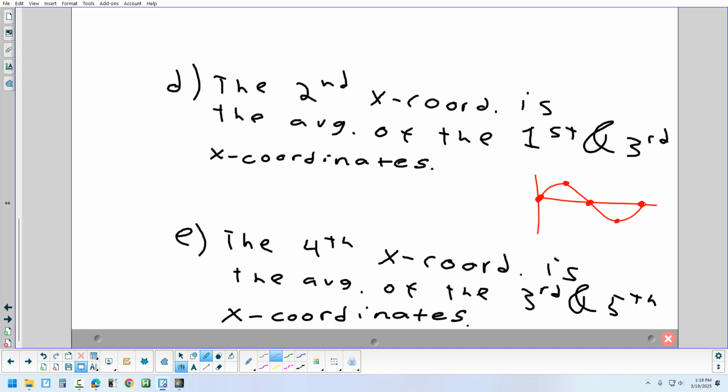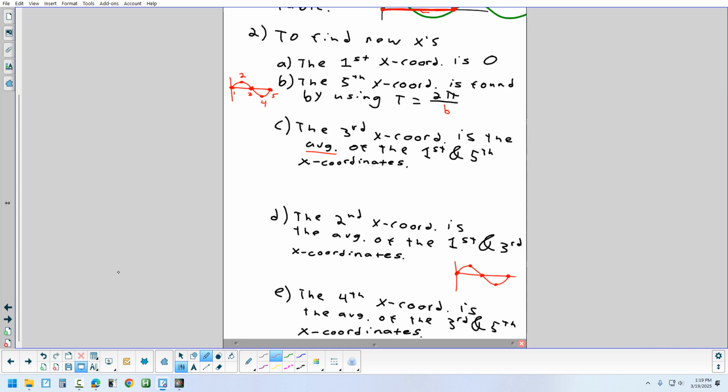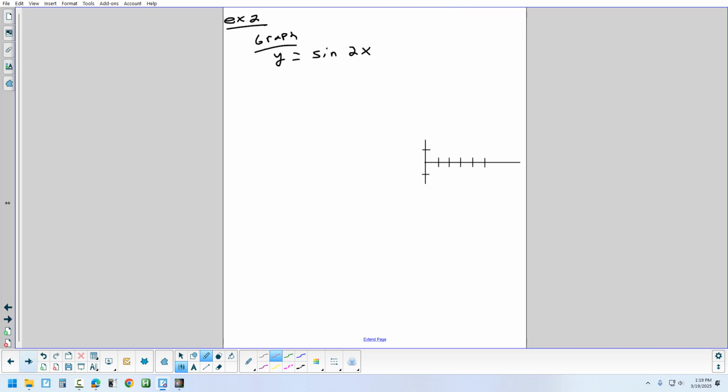And that'll give you your sketch. Okay, anyone need any of those steps? There's 5 steps because there's 5 points. Good. Okay. So let's try this one.